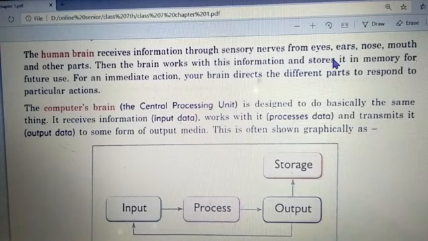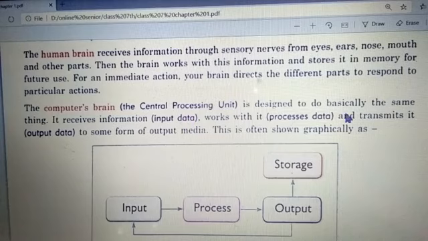The computer brain, that is the central processing unit, is also basically designed in the same way. Whatever input data is inside the computer is processed.